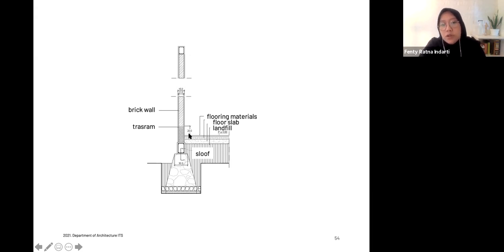But it can be more if you work with a bathroom. It will be more because there is a lot of water, so it becomes a wet area. But if it's not a bathroom or kitchen, then you can use just maybe 20 centimeters above this elevation. And then you have the brick wall, and as you can see here, this is the hatch of the brick wall.